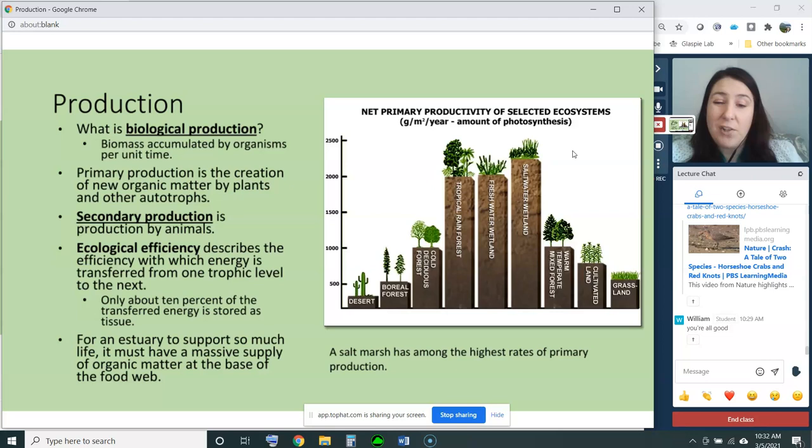And that means for an estuary to support so much life, so many organisms, it has to have a massive supply of organic matter to feed those organisms. And so all of this comes from its immense amounts of primary production, and also from a lot of different organic material that is transported into these estuarine environments through the rivers.